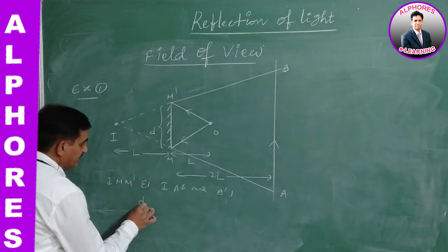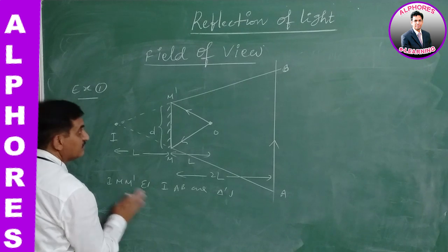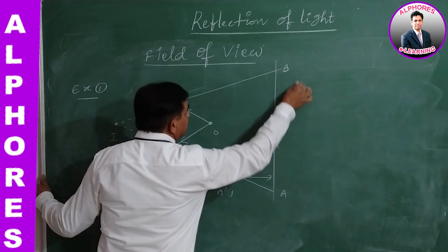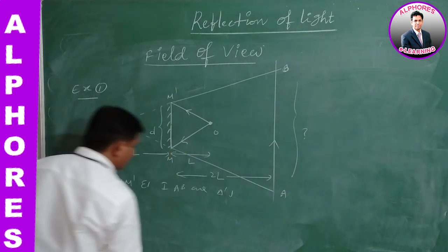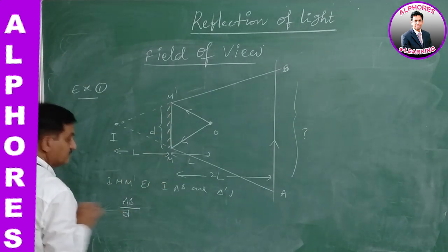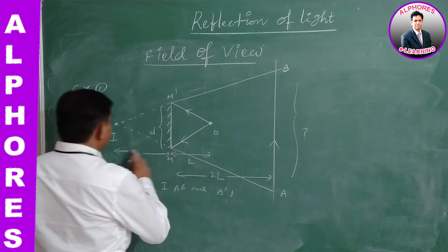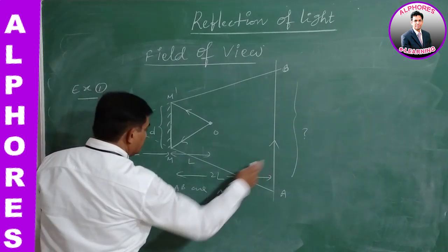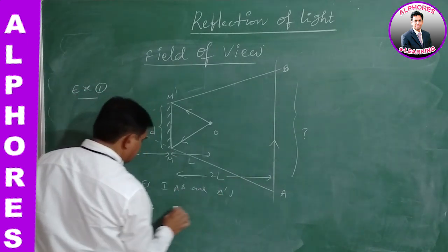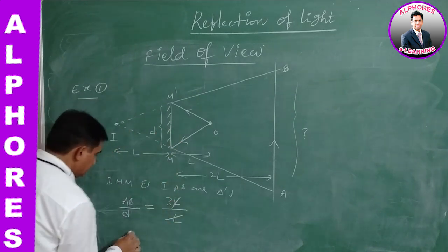Therefore, or otherwise we can take AB. We are finding this one, AB. AB by D is the ratio of corresponding sides. So this is from here to here, this is L plus 2L, 3L, by this is L. Let's cancel.